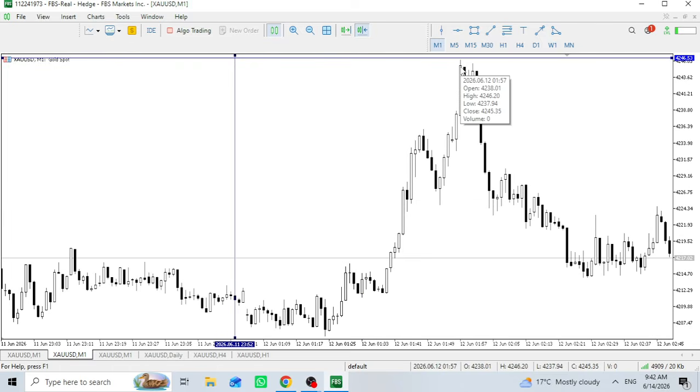Now, you can see the kind of big candle which is forming. Can you see? 0157, 0159, then the first 1 minute candle of 2 a.m. The market reverses for the whole day.